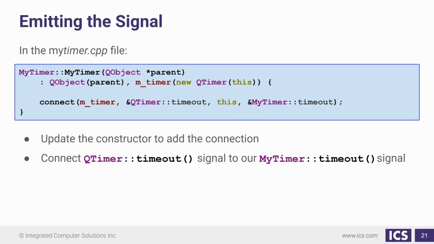Now, the way we're going to make this work is we're going to construct a signal to signal connect statement. Here we're going to connect mTimer's timeout signal to this instance's timeout signal. And when mTimer fires its timeout, our timer will automatically also fire its timeout as well.